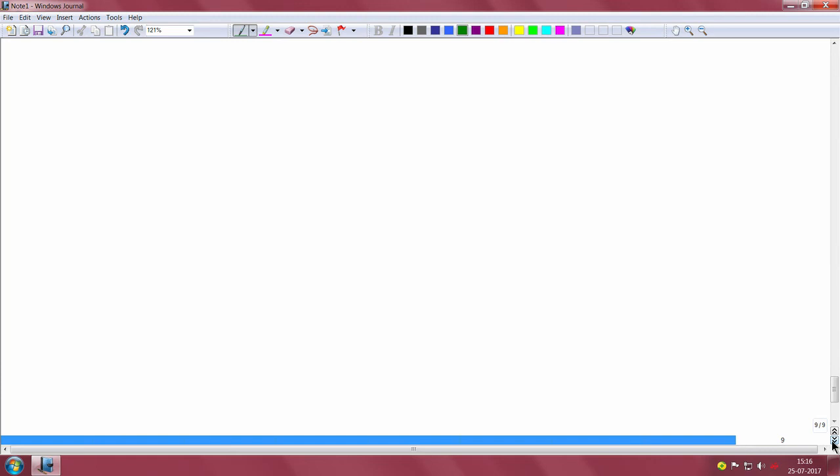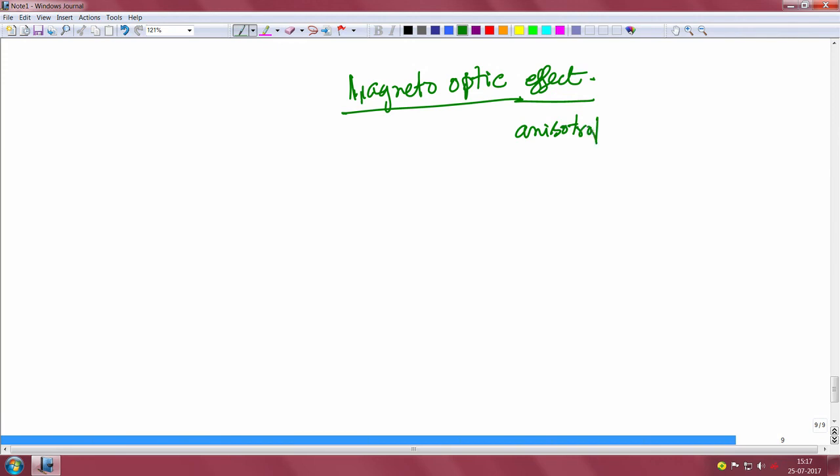So, now we will look at other important phenomena, in particular the magneto-optic effects, and we will highlight that we are dealing with highly anisotropic properties compared to other earlier fields that we saw, like the acoustic effects and the electro-optic effect.